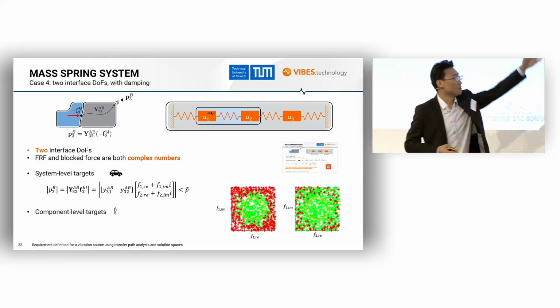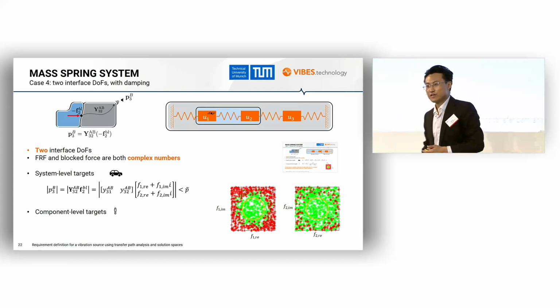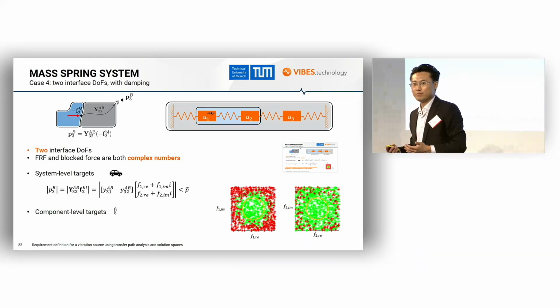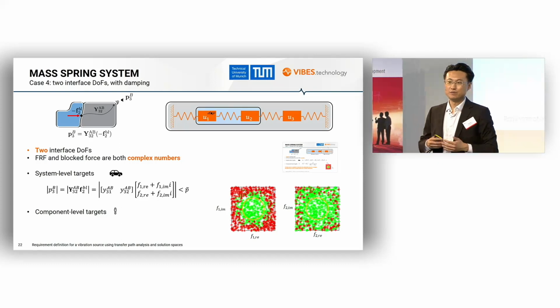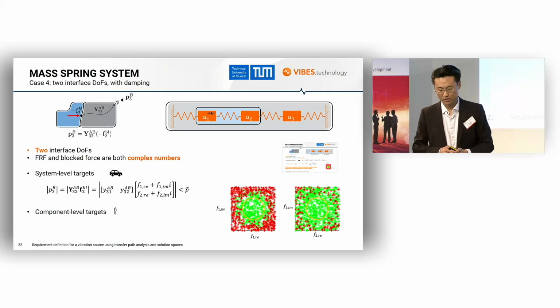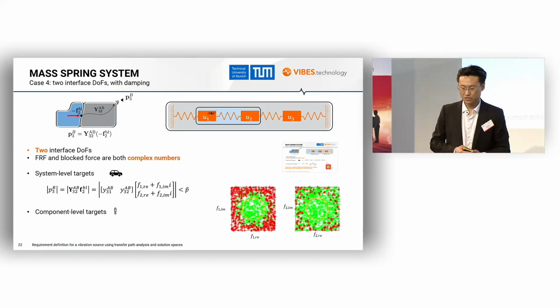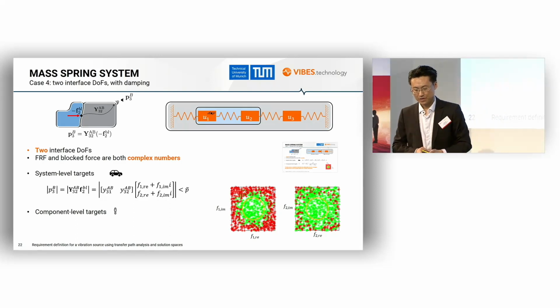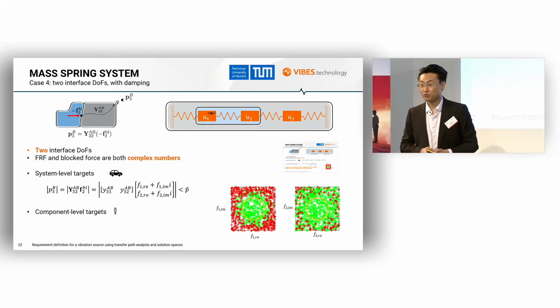As we know from the previous research, the circular area can very well describe the admissible area for the complex block force. So here, again, with the solution space method, we compute the circles for both forces through numerical sampling.